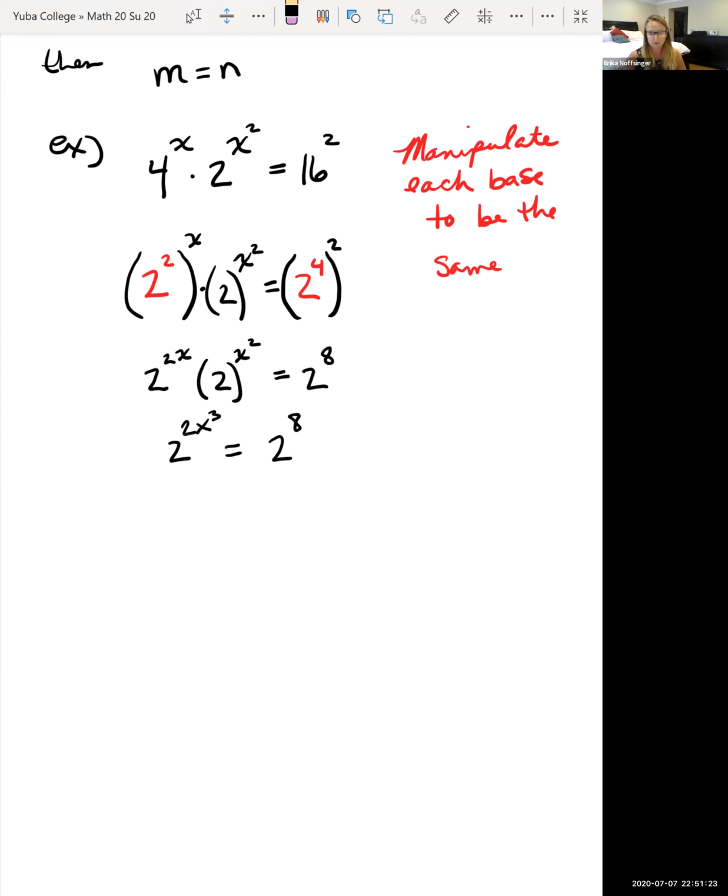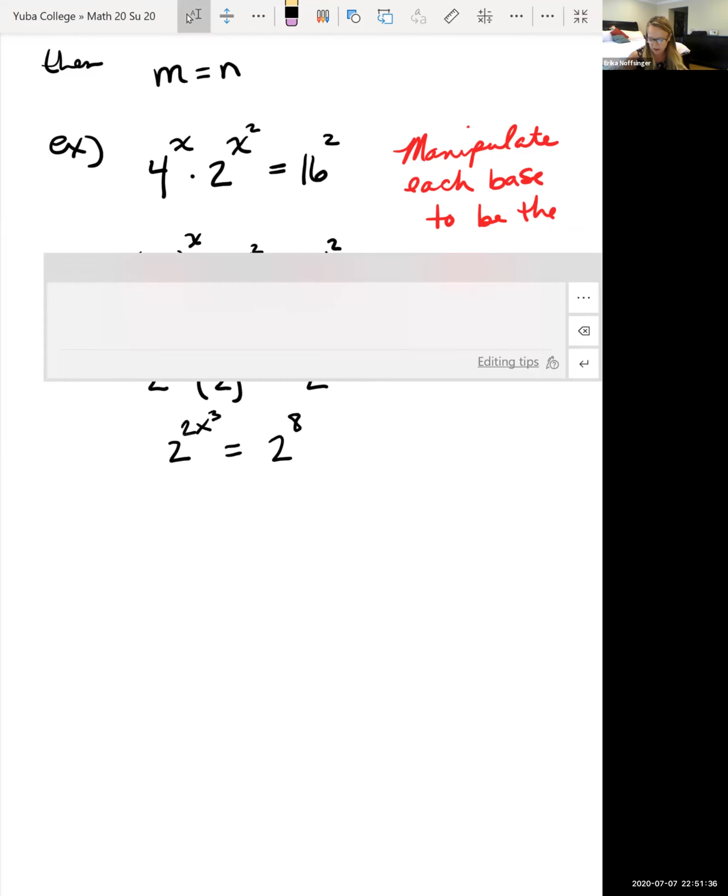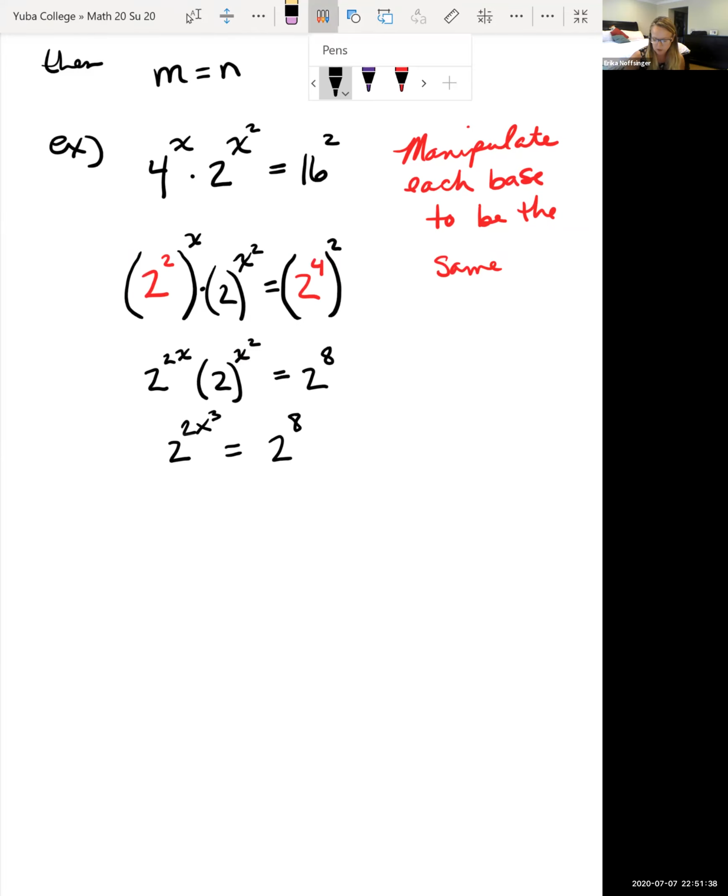Okay, so we did what we wanted. We manipulated both sides of our equation. We got the same base for each exponential. It is only a single exponential equals a single exponential. If I had some plus a constant or variable out there, some more terms, I couldn't do this. But because this is true, we can now say that 2x cubed, same base, has to equal 8.